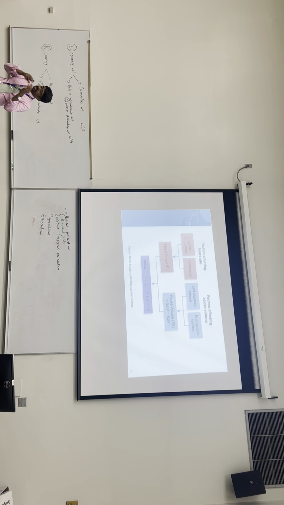What's going to be different then? Stroke volume is going to be higher or lower? Higher, because with a lower heart rate, the only way you can achieve the same cardiac output is by increasing stroke volume.